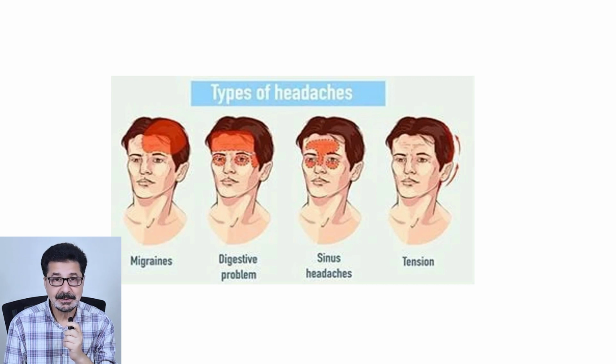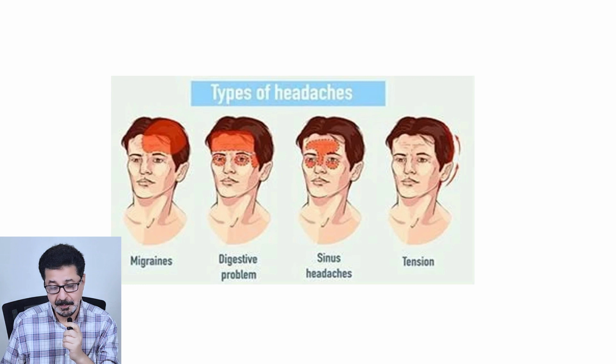Tension headache is usually in the temporal regions. It is usually bilateral and in the mandibular region. There's tenderness over the muscles. The patient has been clenching his teeth, which is giving him these tension headaches. Again, history is important. Family history is also important, and sometimes it's a diagnosis of exclusion.